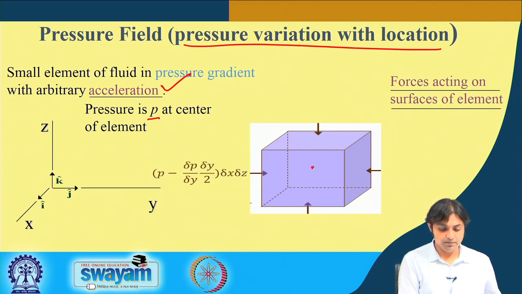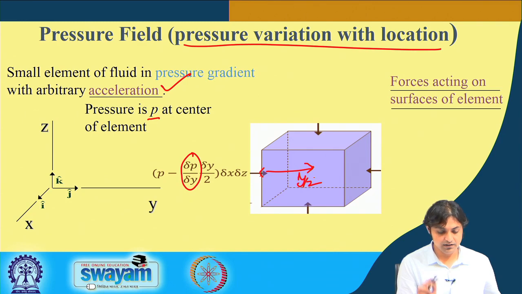So if the pressure at the center is P, then the pressure variation in this direction can be given as delta P by delta y. So this is the pressure variation in the y direction, and what is the length? This is delta y by 2. So in this direction it will be P minus delta P by delta y multiplied by delta y by 2.